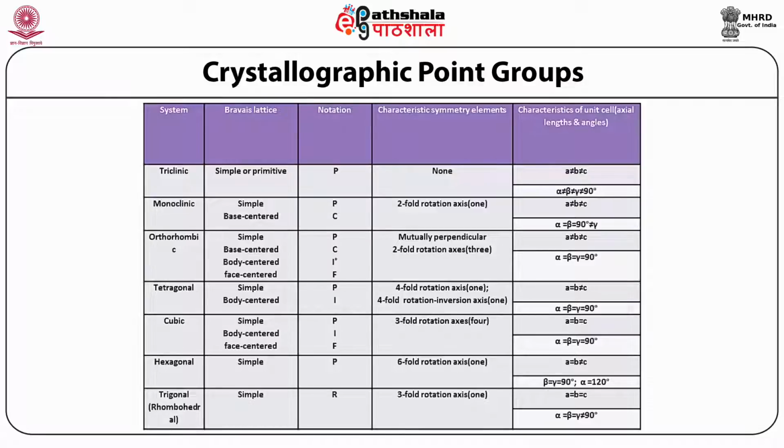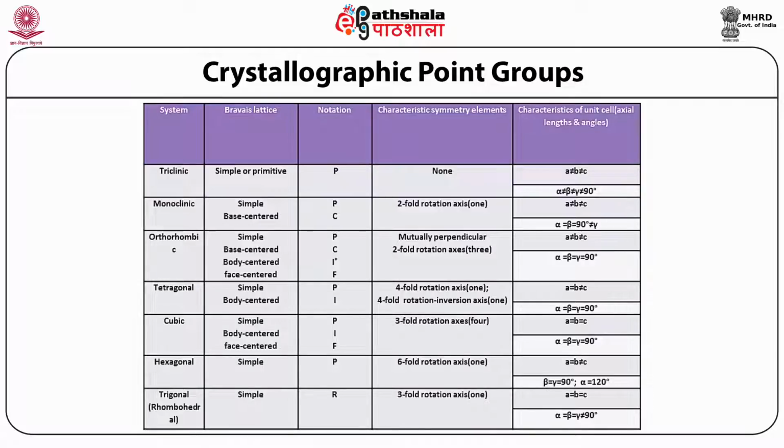The fourth system is tetragonal. Its Bravais lattices are two, simple and body-centered. The simple Bravais lattice has the notation capital P, and the body-centered Bravais lattice is represented by the notation capital I. The characteristic symmetry elements of this system are four-fold rotation axis 1 and four-fold rotation inversion axis 1.